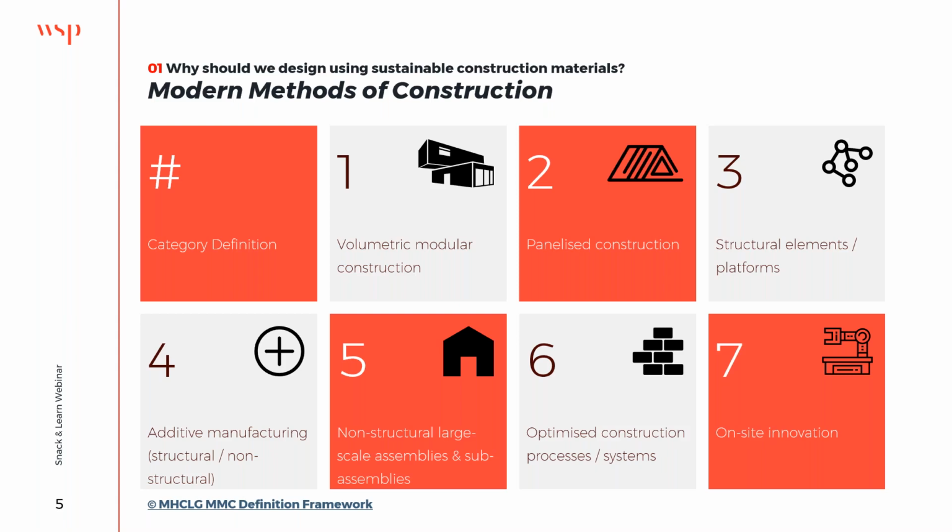And then 4, 5, and 6. 4 is 3D printing of structural elements or non-structural elements, for example, components in construction. 5 is things like kitchen and bathroom pods, so in some respects non-structural volumetric modular, as well as pre-manufactured servicing routes. 6 is optimized construction processes, large format cladding systems, for example. 7 is innovation on site, so robotic laying of brickwork, or digital twins of buildings, so that maintenance can be undertaken in later life more simply.